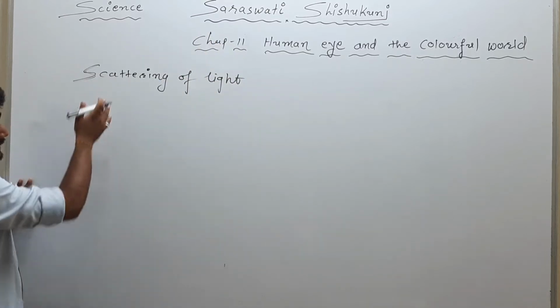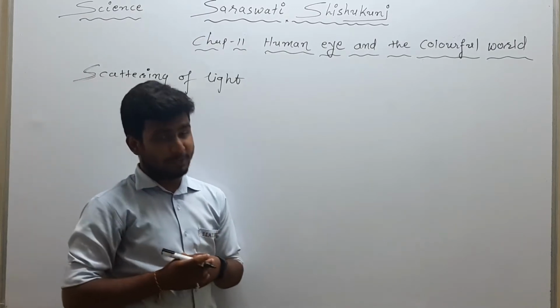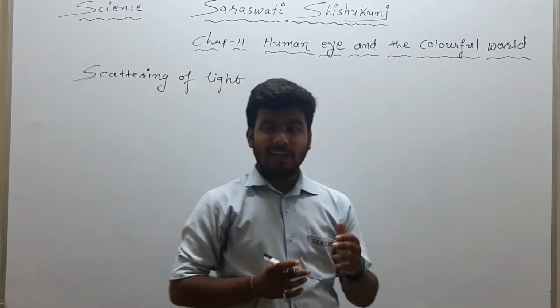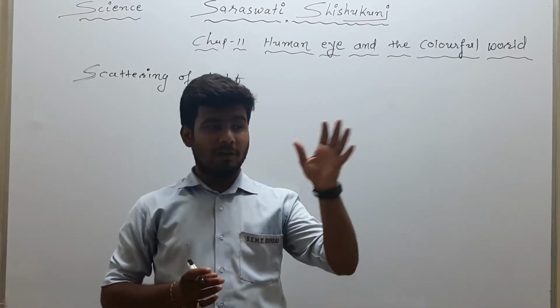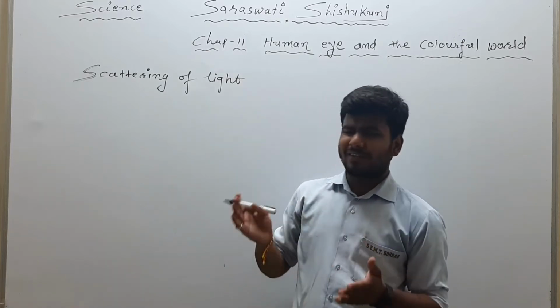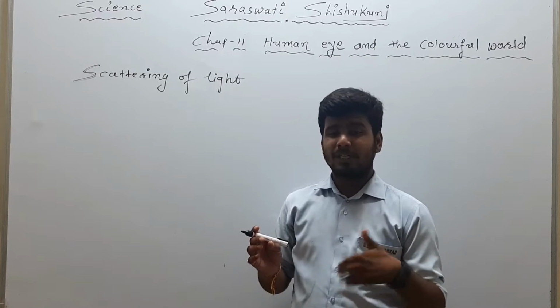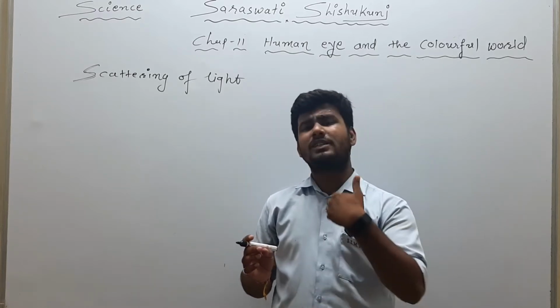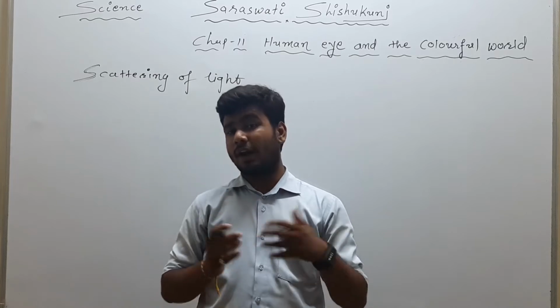Also we will discuss what is called the Tyndall effect, why the sky is blue, why space looks black. Also why in signals there is always red color, and why during sunrise and sunset the color of the sun is a bit yellowish or a bit reddish, right? So all those questions we are going to unlock here.